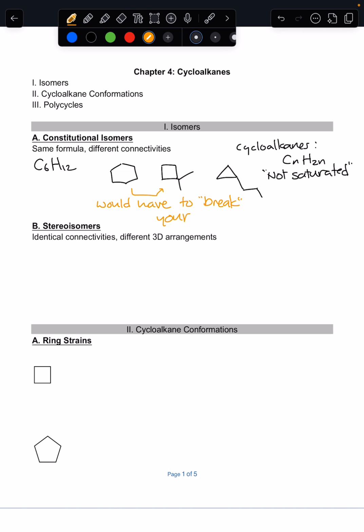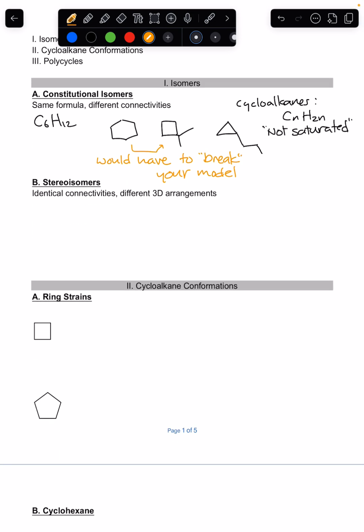If you're using a molecular model kit, you have to break it up and then combine the pieces together to make the molecule. That's a constitutional isomer, as opposed to, remember, the conformational isomers or conformers, right? You just have to rotate around a single bond and you get to that structure. So those are not constitutional isomers. If you forget, please review chapter 2 notes for conformers or conformational isomers.